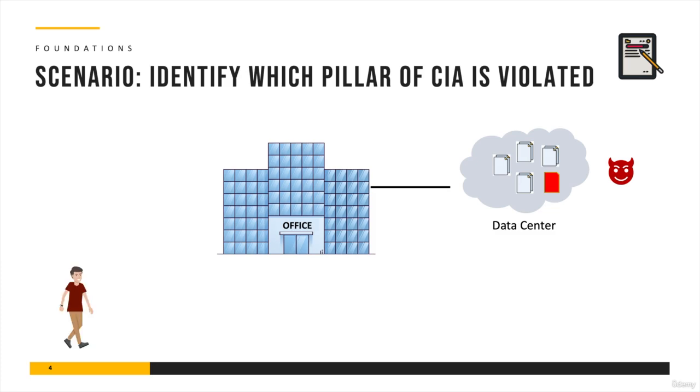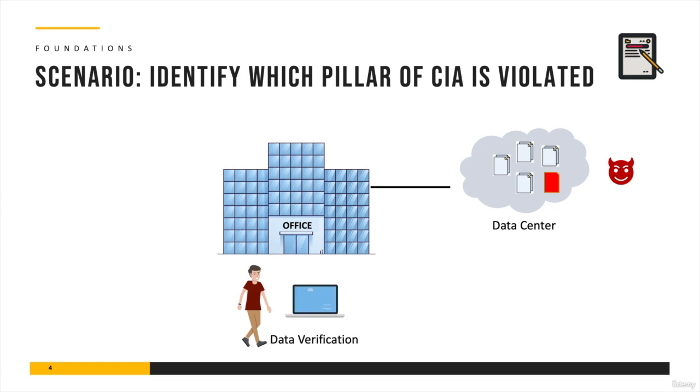So in the morning, when you come and you run your daily data verification checks, it sends you an alert that there is some problem with the data. So in this situation, which pillar of CIA has been violated? Is it confidentiality, integrity, or availability? I'm going to wait a couple of seconds.